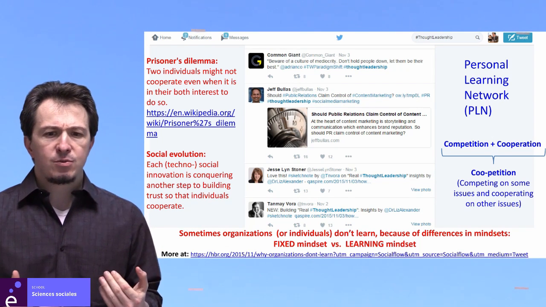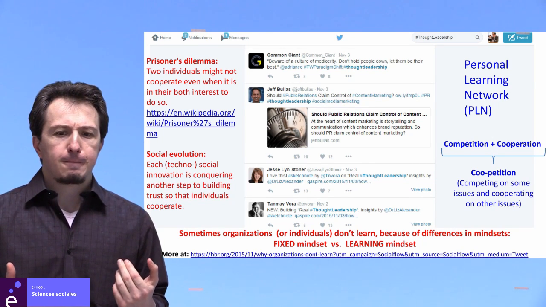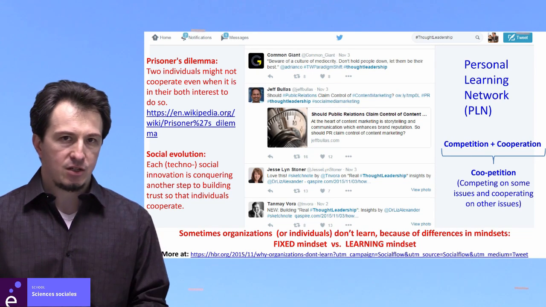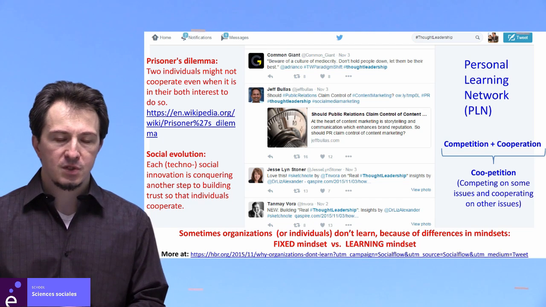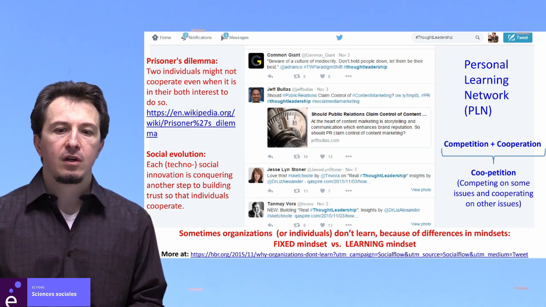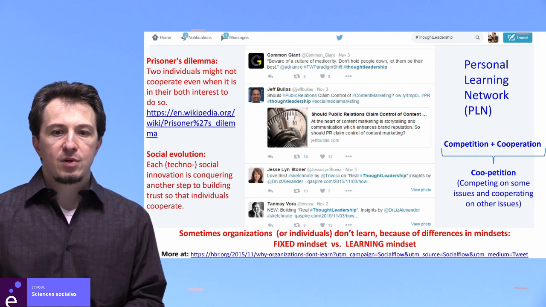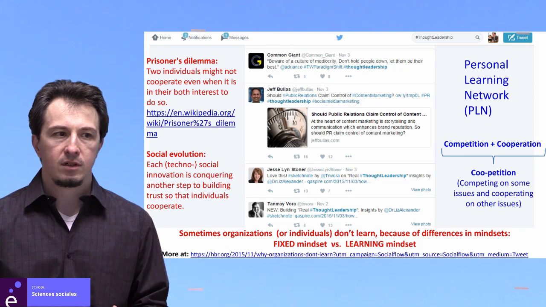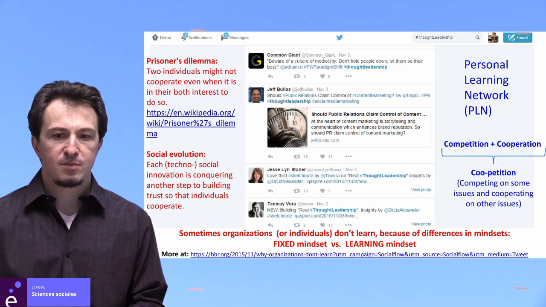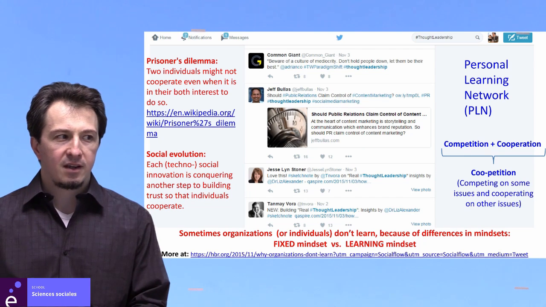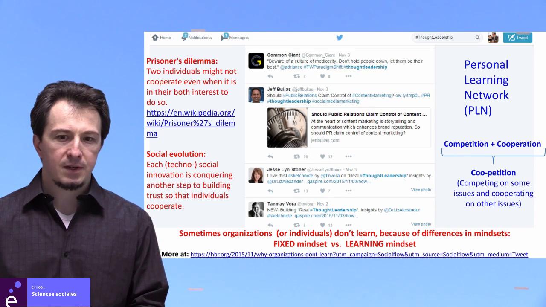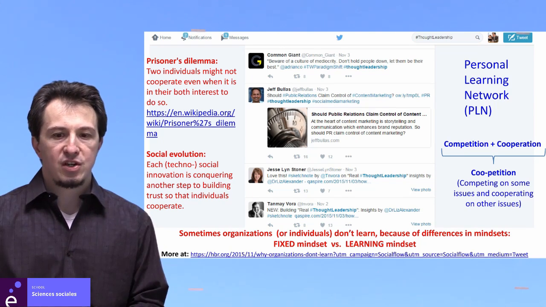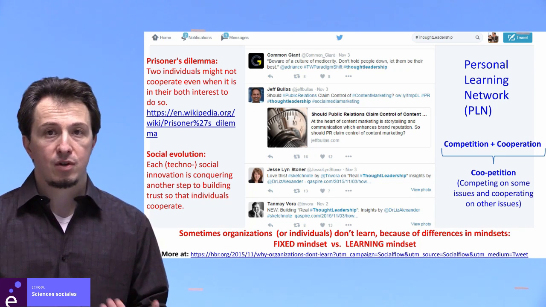Now, in some situations, different individuals or different organizations or different groups, countries, even, may find themselves in a situation of having an interest to compete, or they have to compete for some issues, but in some other issues they have a big interest to cooperate. So there is this mixed situation of competition plus cooperation.